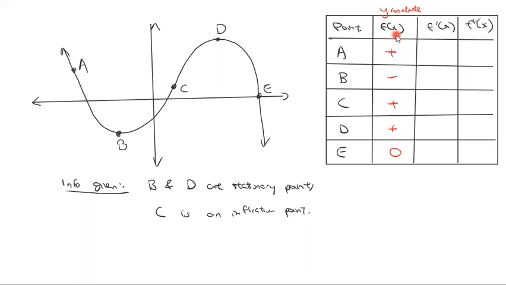So the next thing we need to remember is our first derivative. What does that mean? The gradient of f(x) at that point, right? Yeah. Good. So basically, if you're not comfortable with the idea of gradient of a function, then think of it as the gradient of the tangent.